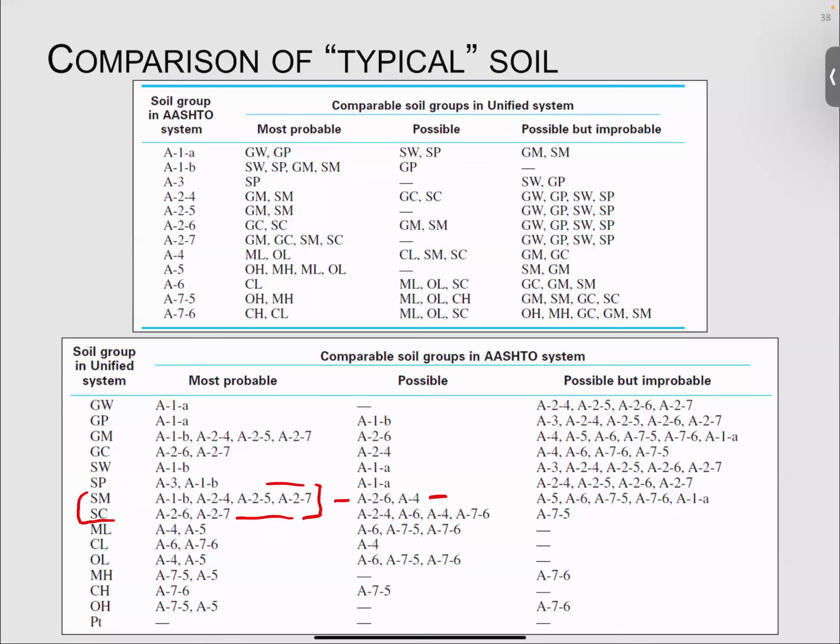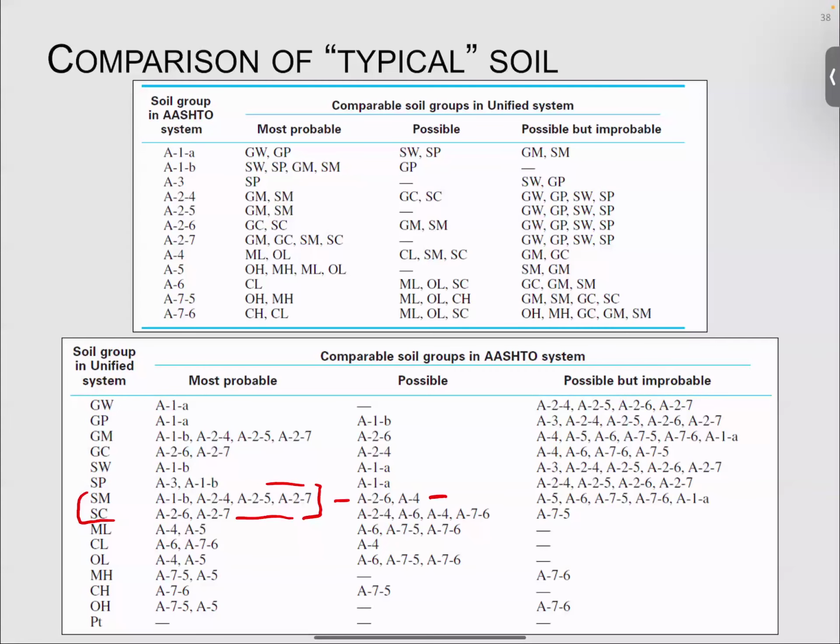So most natural stuff is going to be somewhere around that range. So if you're ever in doubt, just say A-2-4 or A-2-6-ish. But it's not a one-to-one comparison because they're completely different standards, so you can't really compare them. But it does help if you know you have a site that has a bunch of sandy material, then you should expect somewhere between an A-1 to an A-3-ish.